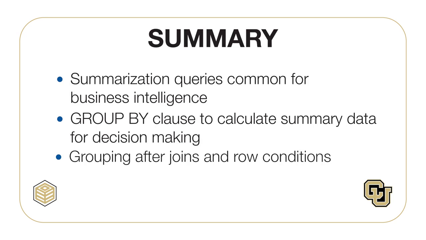SQL compilers perform grouping specified in the group by and having clauses after joins and row conditions specified in the from and where clauses. Now let me return to the opening question about the limitations of the group by clause for business intelligence. The group by and having clauses provide rudimentary capability for generating row summaries. These clauses support simple statistical calculations by one or more business factors.